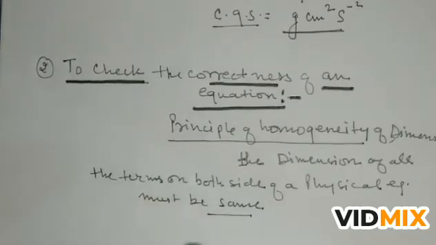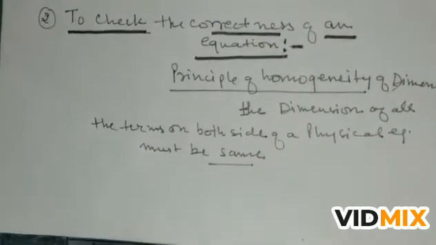This is the principle of homogeneity, and with the help of this principle we can check the correctness of an equation. How can we do this?